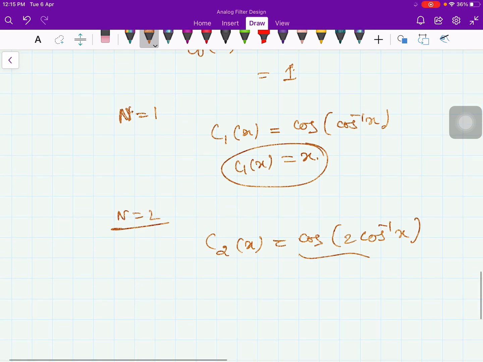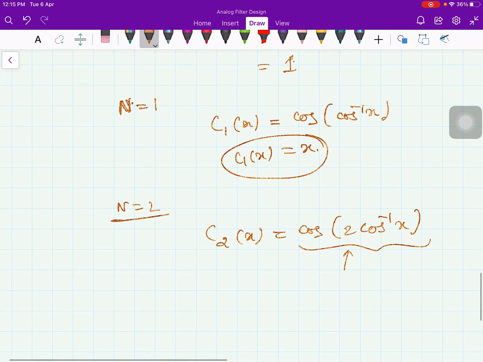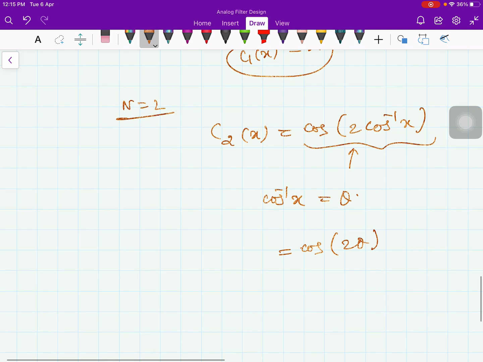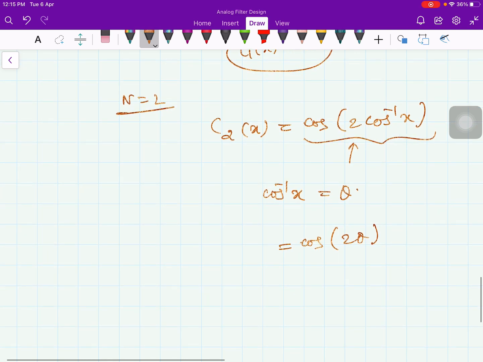Now in order to find out this expression, let us put cosine inverse x equal to theta. Then this is cos of 2 theta. So C2 of x would be cos of 2 theta, and then this is 2 cos squared theta minus 1, right?